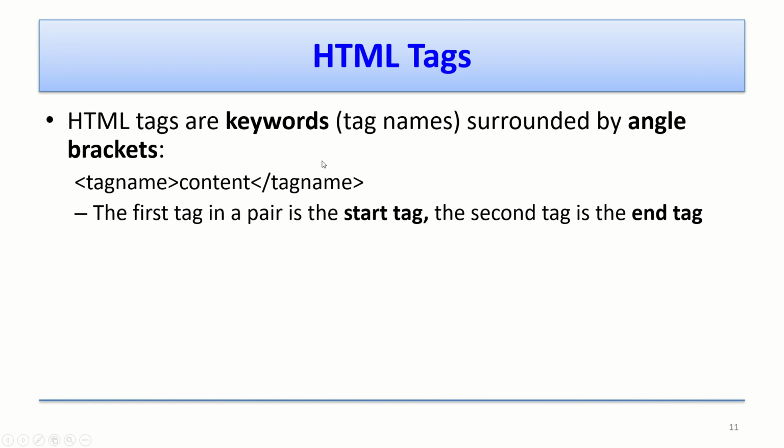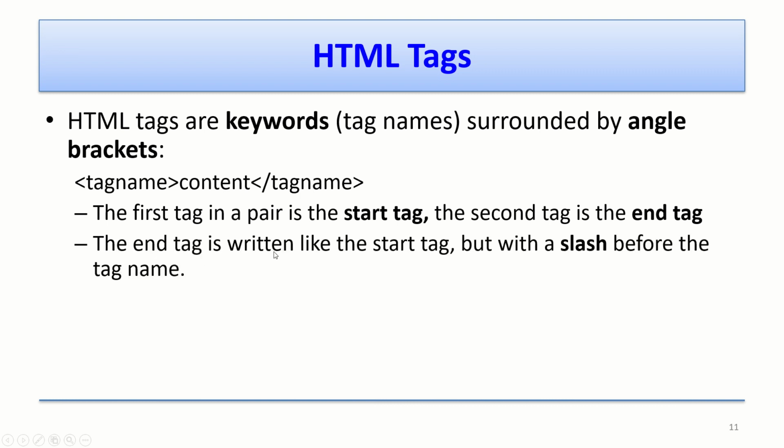Most of the tags come as a pair of tags. This one is called the ending tag, and the ending tag is written almost the same as the starting tag, but there is a little difference. We have to insert this slash before the tag name.